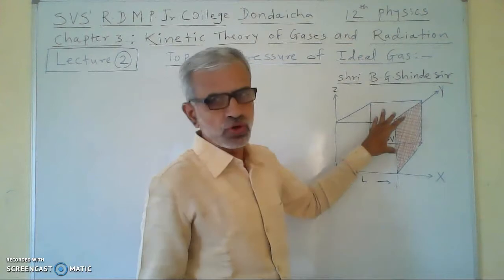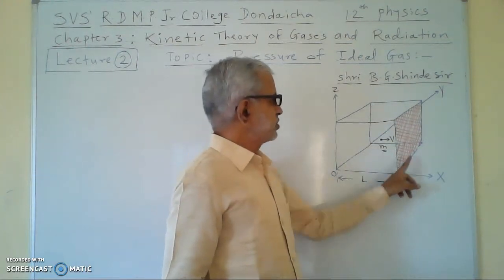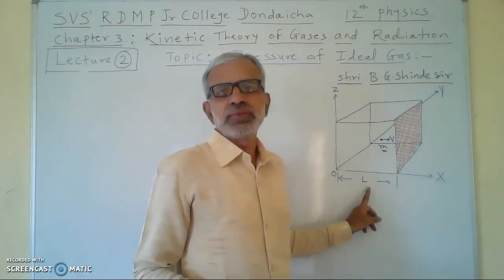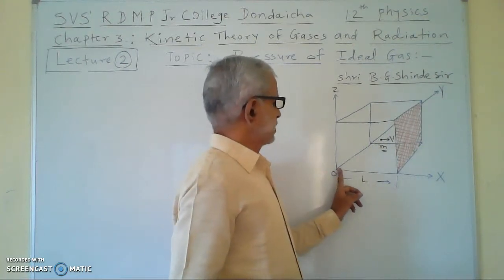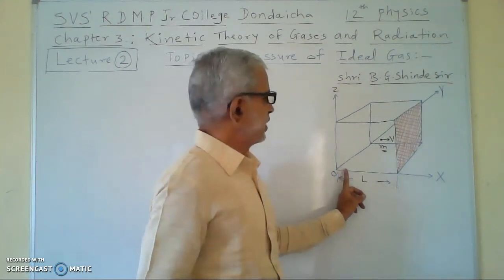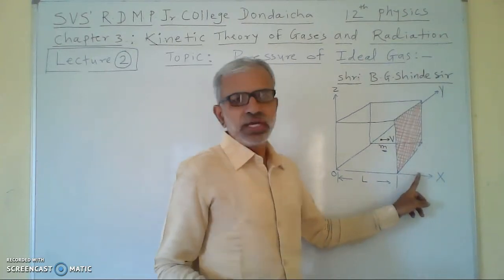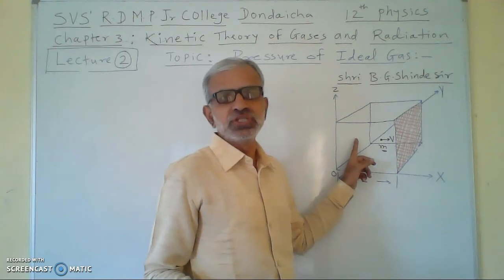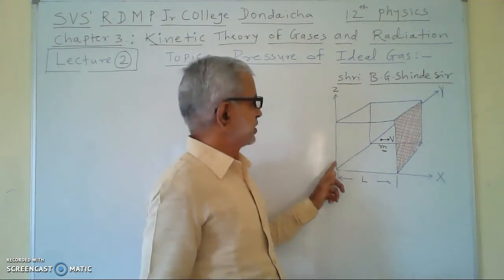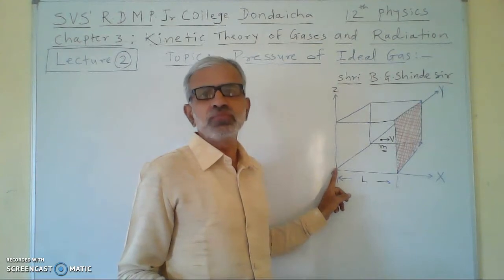So let us consider a cubical box. This is a cubical box. Length of each side of this cubical box is capital L, and suppose that we have drawn x-axis along one edge, y-axis along its adjacent edge, and z-axis in this direction, starting from one corner of the cube.